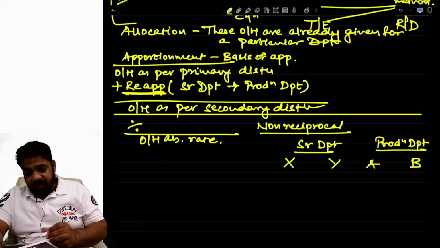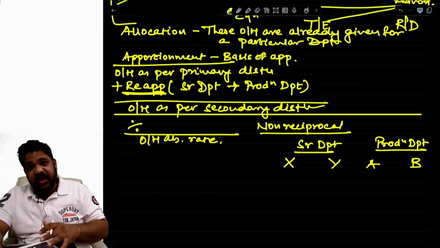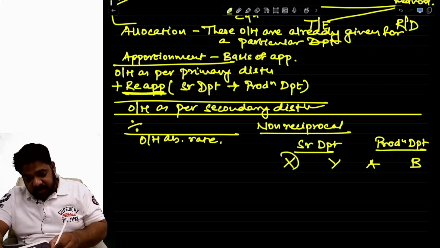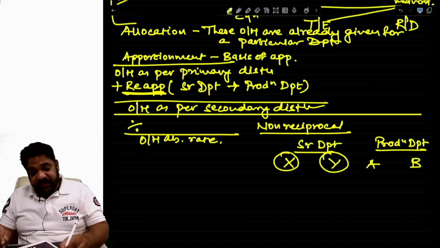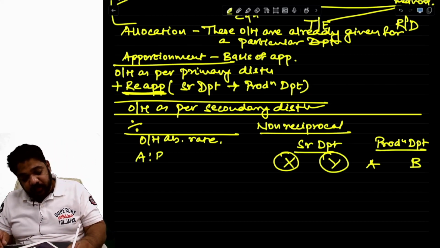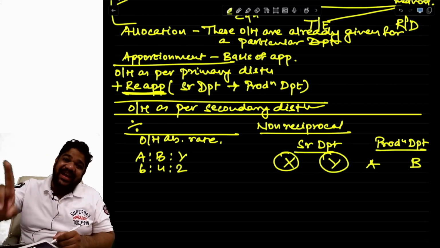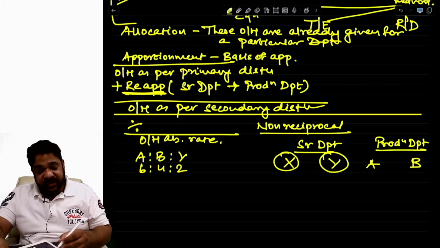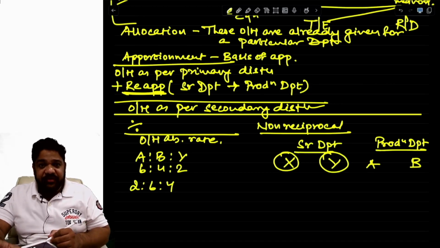Okay, and very important is when you're putting down the ratios in this, always look into the matching concept. What is the ratio for Y? They may give you the ratio of A is to B is to Y as 6 is to 4 is to 2, but you are writing Y, A, and B. So for you, the ratio has to be 2 is to 6 is to 4. Are we understanding?